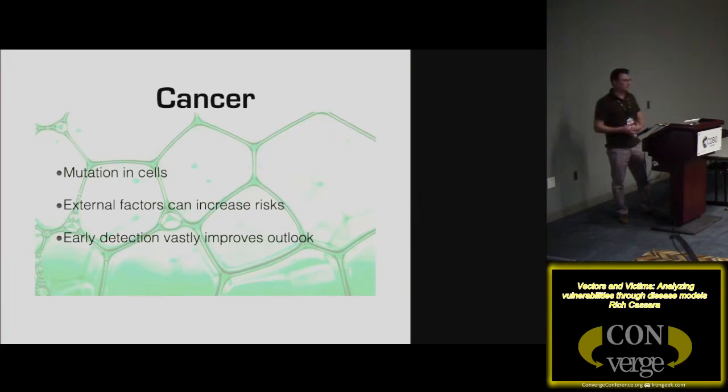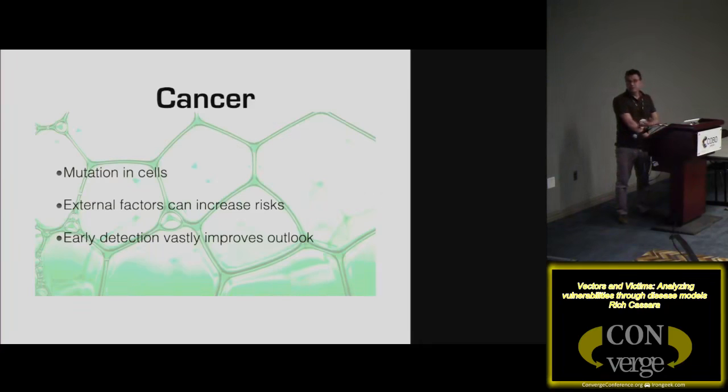So I'm going to move on now from the vector-based illness to cancer. Cancer obviously is an awful illness that can affect anybody at any time. It happens biologically: we have a mutation that starts within the cells of the body, and that mutation causes them to uncontrollably replicate themselves, form tumors, and choke off the rest of the resources in the body.